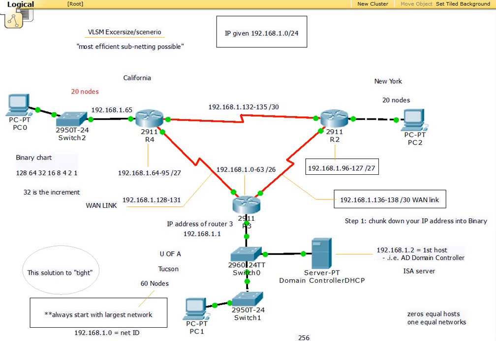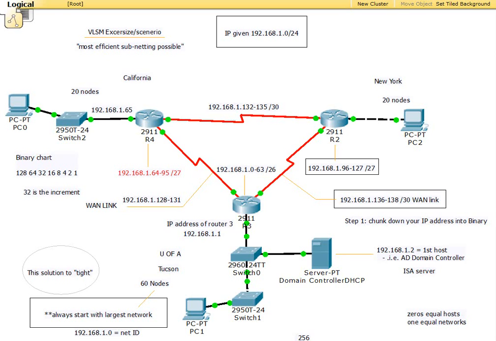Not 20 employees, not 20 team members, because we all know that many times you'll have more computers than you do employees, because you have to figure in your servers and other devices. Sometimes you have fewer computers than employees. People share. But anyway, we have a requirement of 20 nodes here in California, and we're going to pick up where Arizona left off as far as the range.